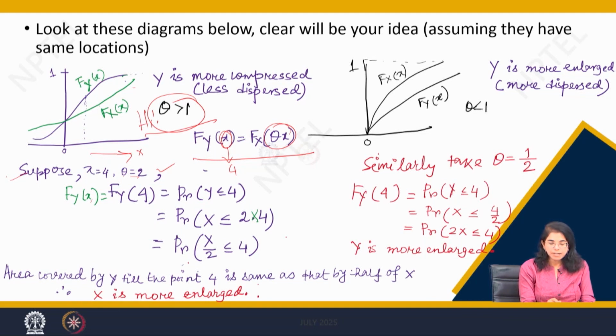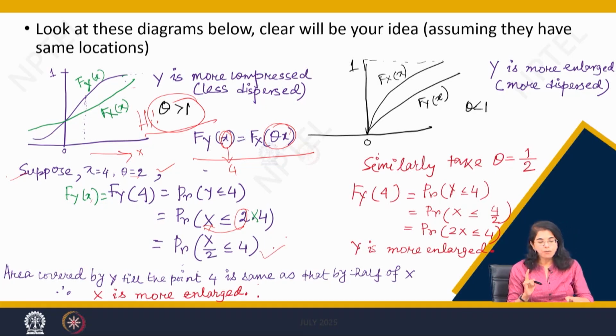Now, take a look. X by 2, I am just taking 2 to the left hand side, X divided by 2 less than or equal to 4. Now, have a check. F_Y(4), Y less than or equal to 4, means writing X by 2 less than or equal to 4. That means Y is more compressed, isn't it?